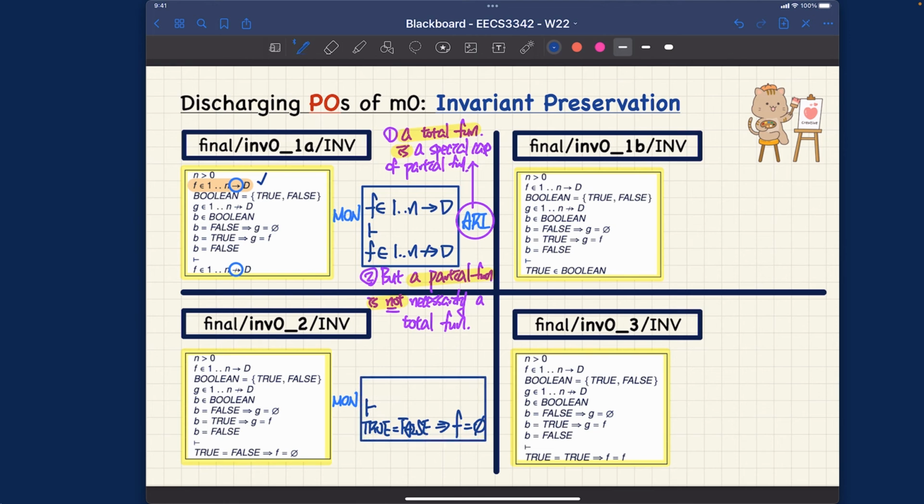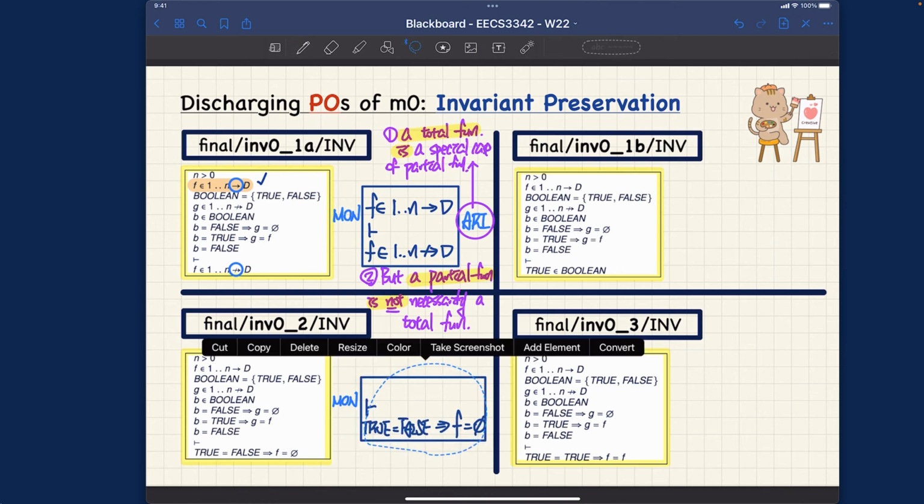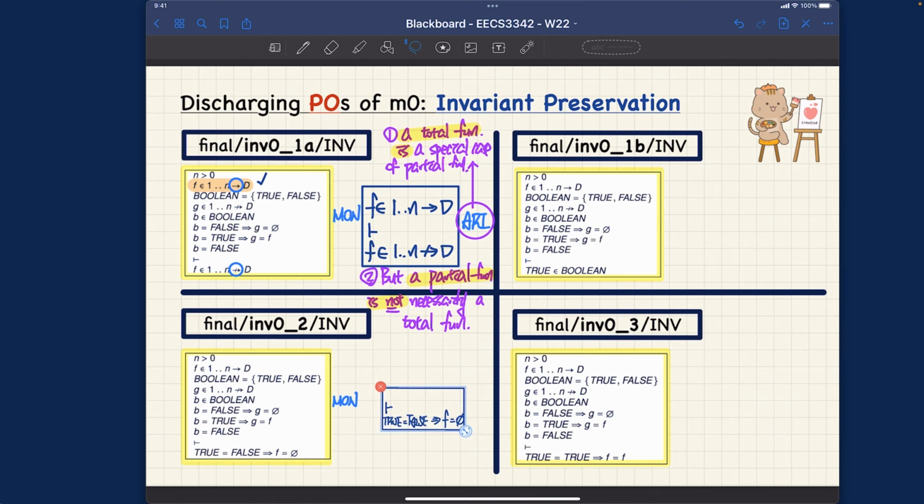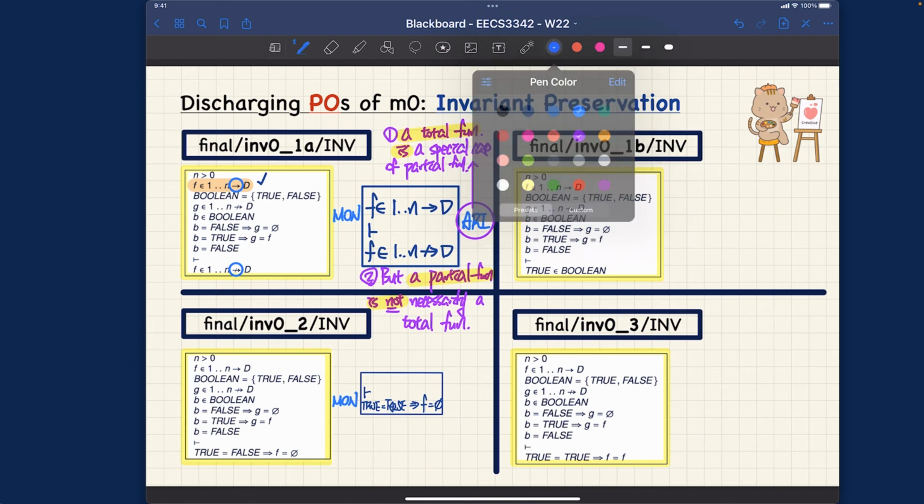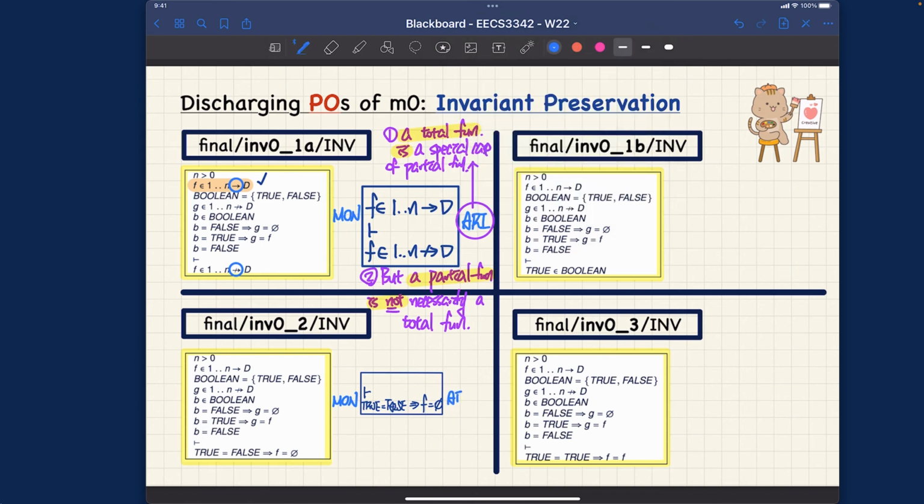Okay, and let me just make it smaller. I think I still need some space. Okay, I think that's still readable. And by arithmetic, which I'm going to justify further in just a moment, let's say by arithmetic, what we will get is this.